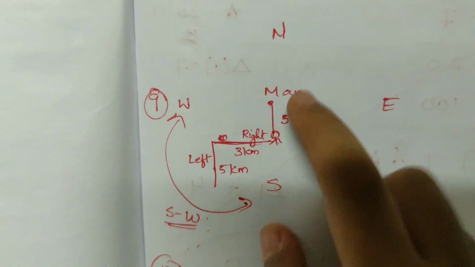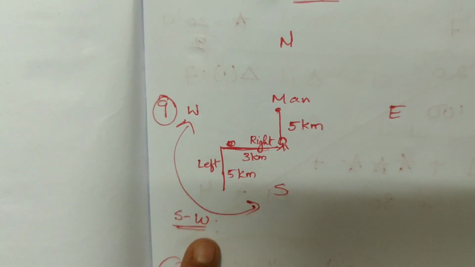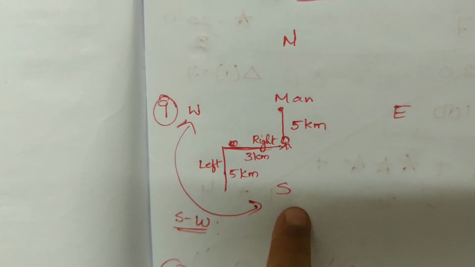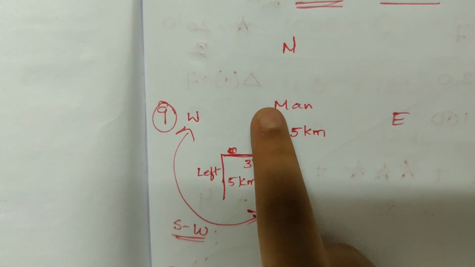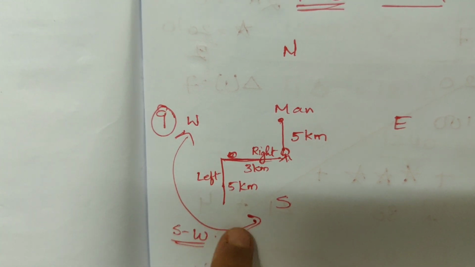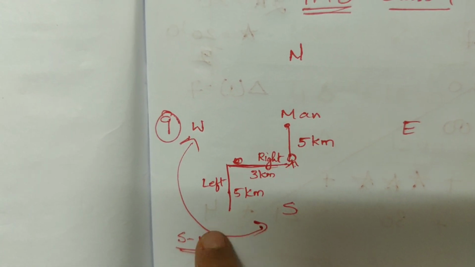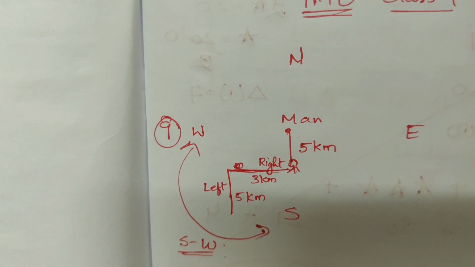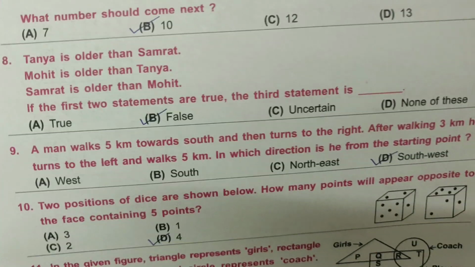So the man is here, north, east, west, and southwest, and here's the south. So the man walks 5 kilometers, then turns right 3, and then takes left and walks 5 kilometers. So it's southwest. We just need to mark the directions.